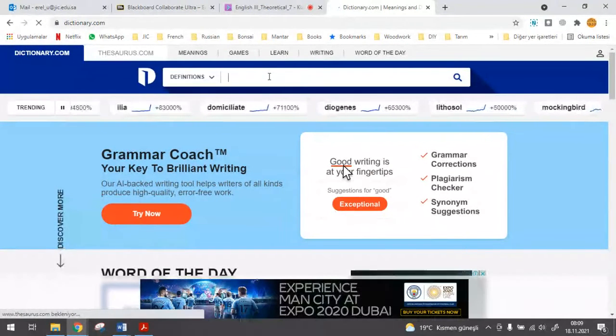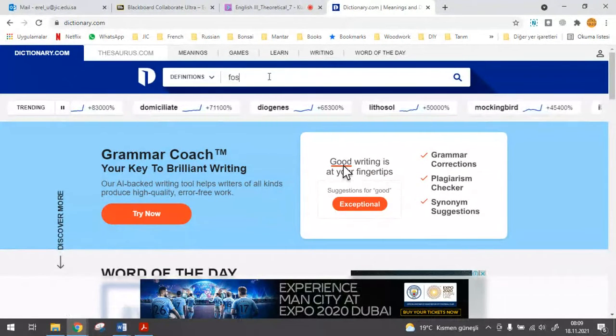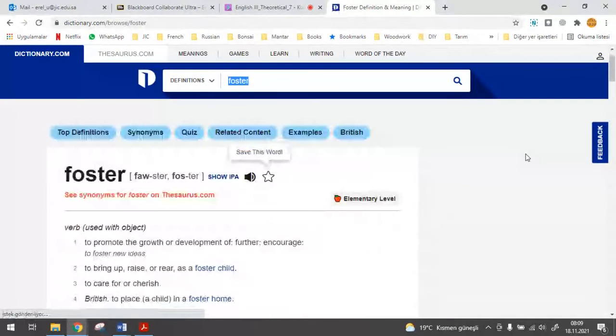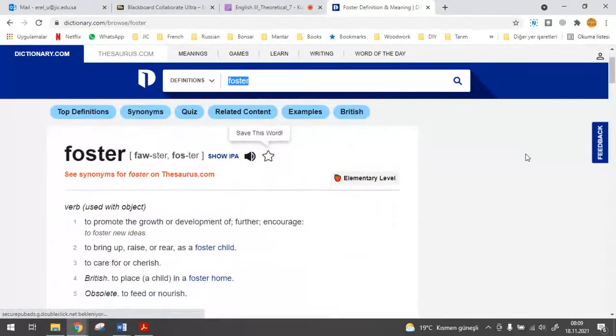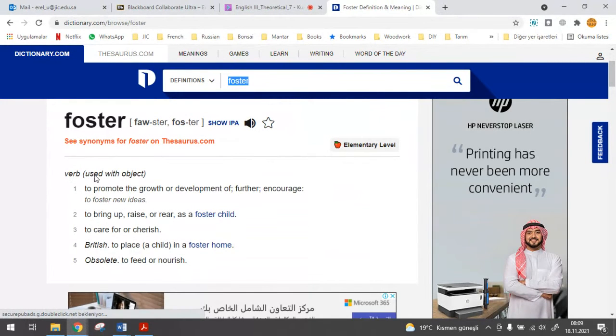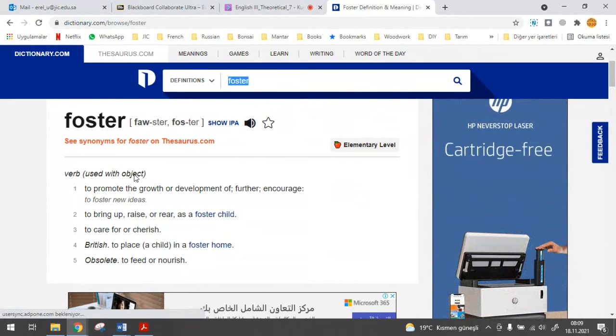When you write a definition here, for example, foster, we are looking at the verb, okay? It is used with an object.